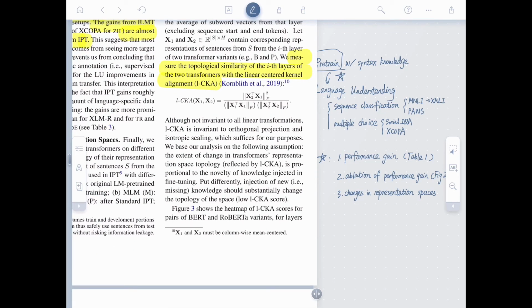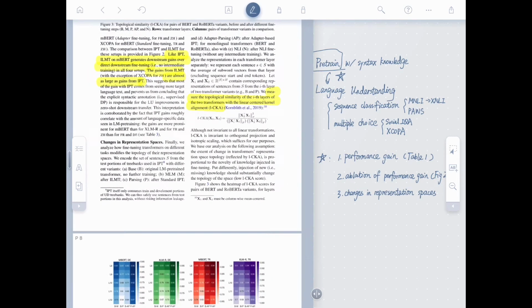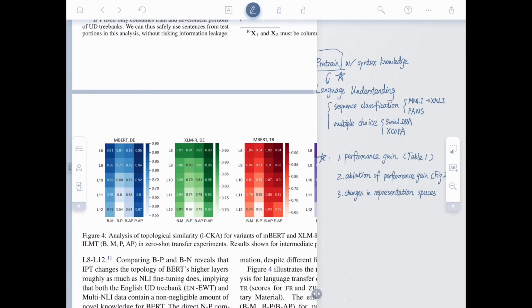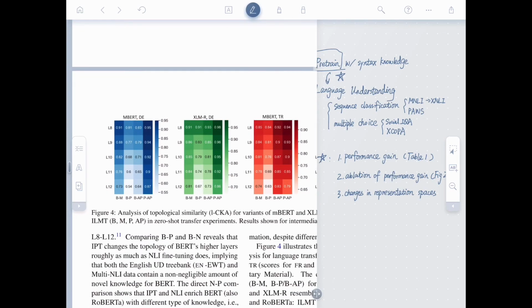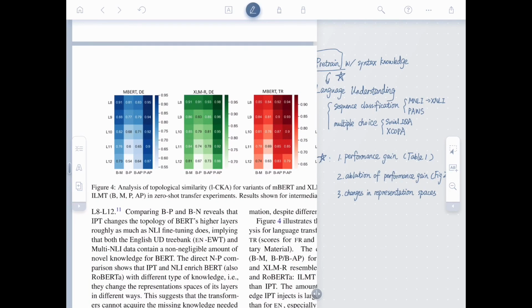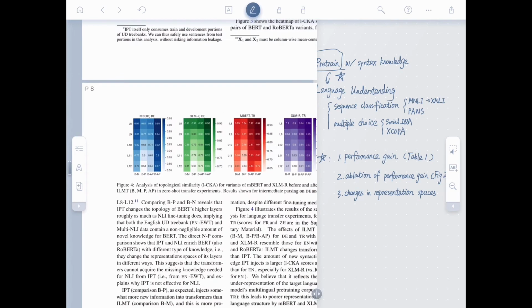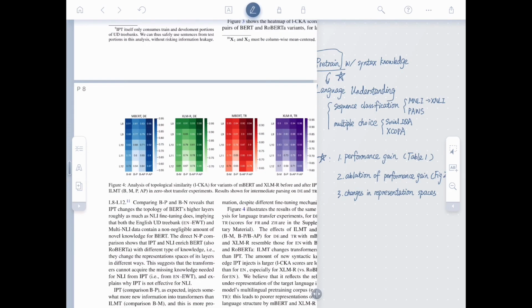They do this at each layer and plot a heat map for the higher layers, from layer 1 to layer 12, across different pairs. B and P, AP correspond to different stages in the pre-training.